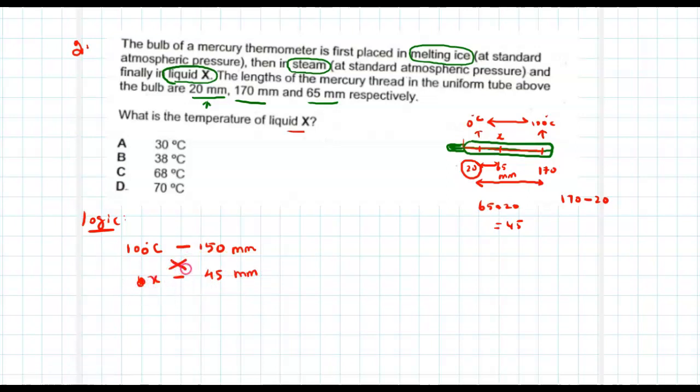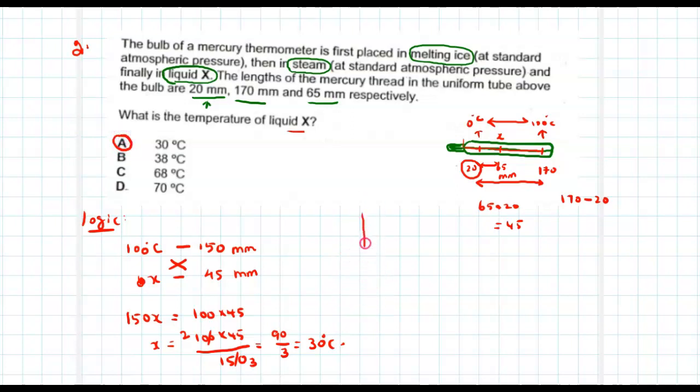Then we cross multiply: 150x is equal to 100 times 45. We divide 100 multiplied by 45 over 150. Here we can cancel this one 2 times, this 3 times. So 90 over 3 will be 30 degrees Celsius. So the temperature of liquid X is 30 degrees Celsius.